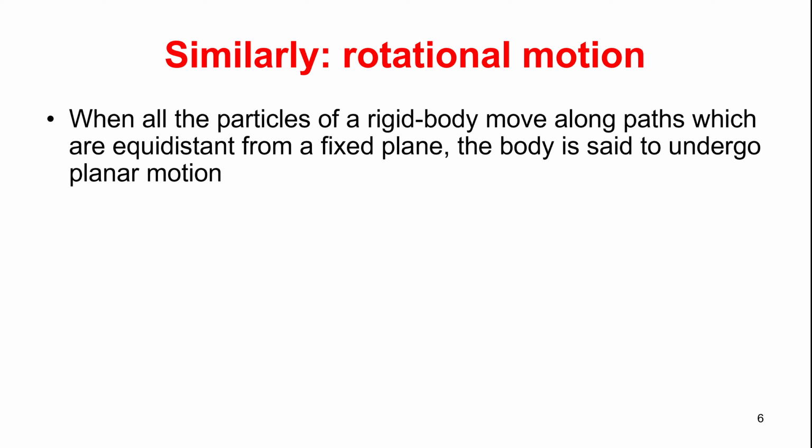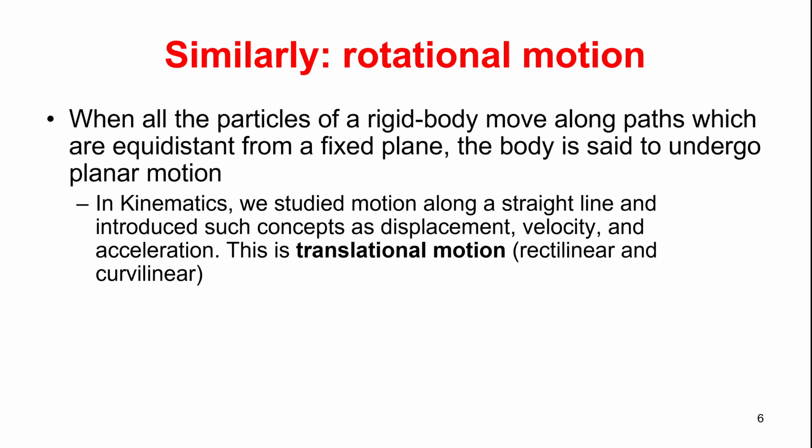So we can have the same arguments, same definitions for a rotational motion. A rotational motion essentially refers to the motion of the particles of a rigid body that are rotating around a center, right, on a specific plane. We have different types of motion. We have translational motion when the particles of a rigid body move along the path, all of them at the same rate.